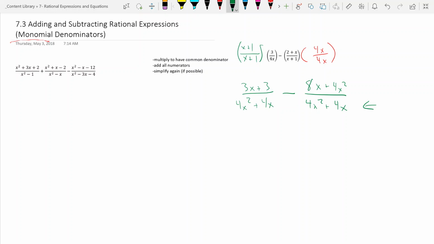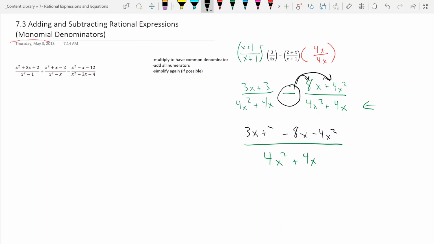So what I'm going to do is combine these into one big rational expression. I have to be careful when I'm doing subtraction though, because that negative applies to everything inside this divisor. So it's going to become minus 8x minus 4x squared. These two terms are going to stay the same, 3x plus 3.